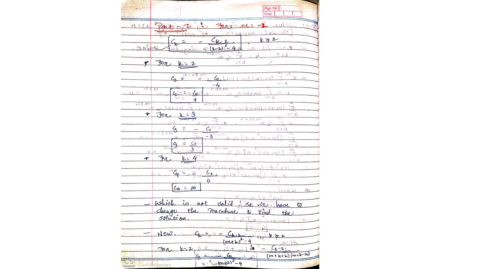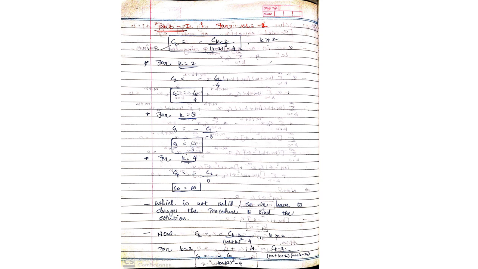So apply m equals to minus 2 in c_k, and you will get c_k equals to minus c_(k minus 2) upon (k minus 2) whole square minus 4, where you have to fix the boundary of k, that is k greater than or equal to 0. Now you have to apply one by one all the cases for k.